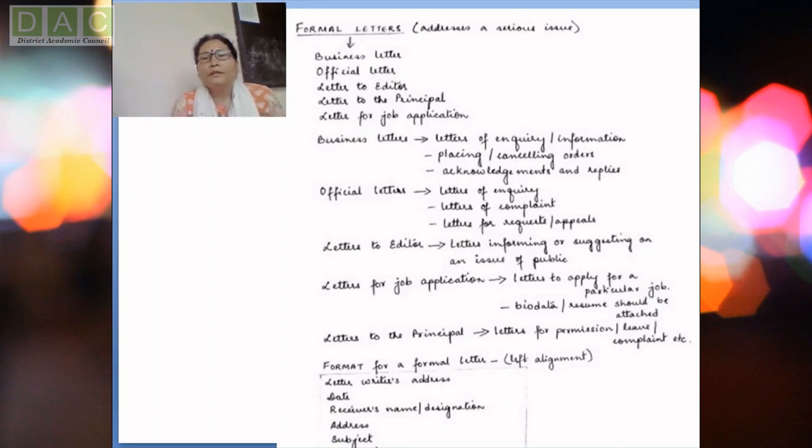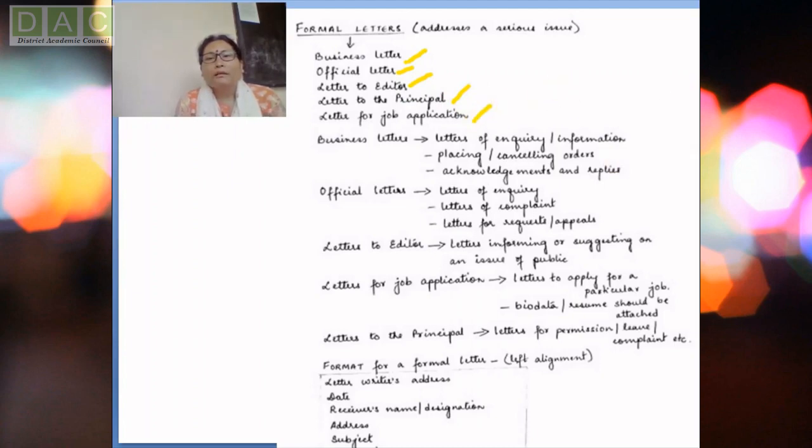After the informal letter, we'll come to the next type, that is the formal letter. These letters are written to address a serious issue. The types are the business letter, the official letter, letter to the editor, letter to the principal, and also the letter for job application.